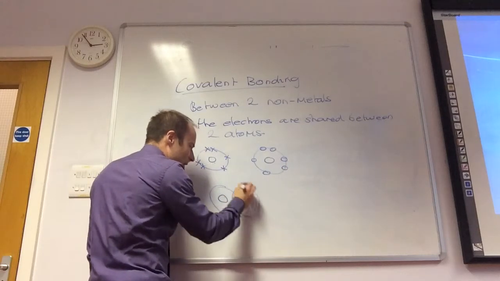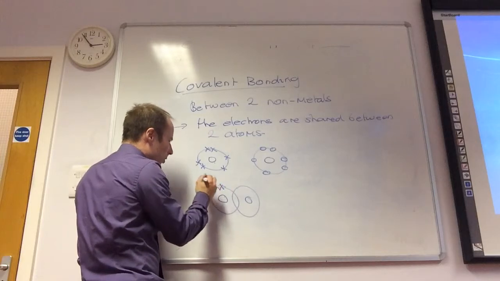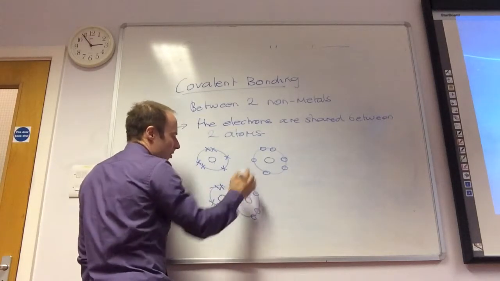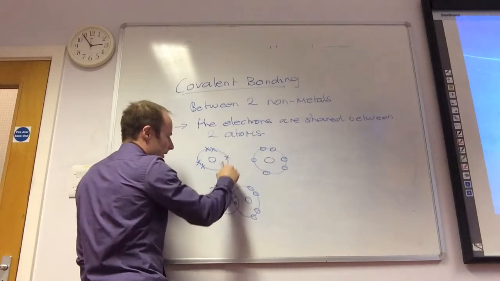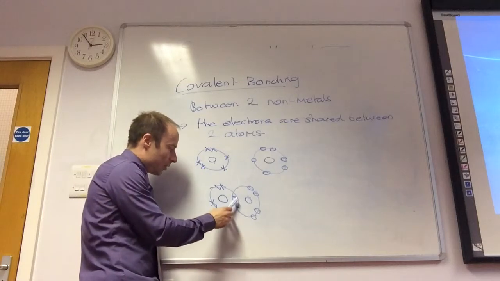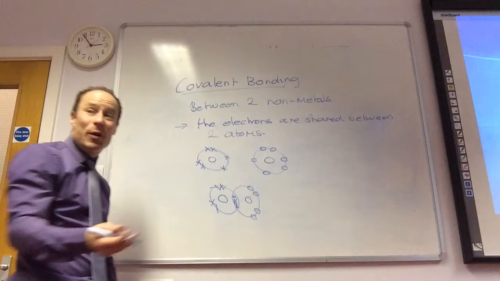They form a double covalent bond. So I've got 1, 2, 3, 4, and 1, 2, 3, 4, but these two go in, and these two go in. So if I count up around each oxygen, 1, 2, 3, 4, 5, 6, 7, 8. So they both have 8 electrons.